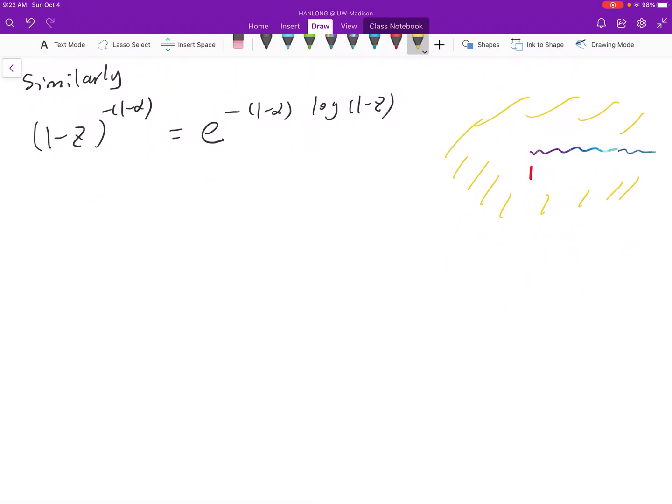Okay, and now you need to write down the angle. So here we suppose 1 minus z is rho exponential i alpha, and we take alpha to be a number between negative pi and pi.